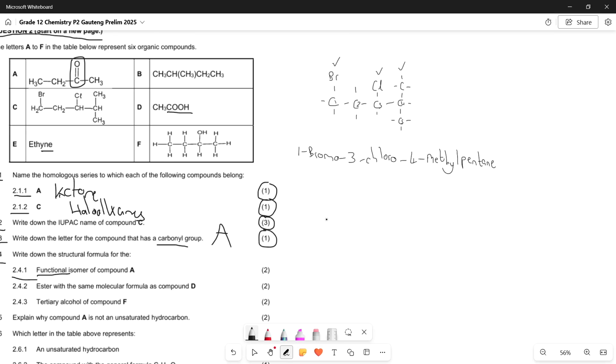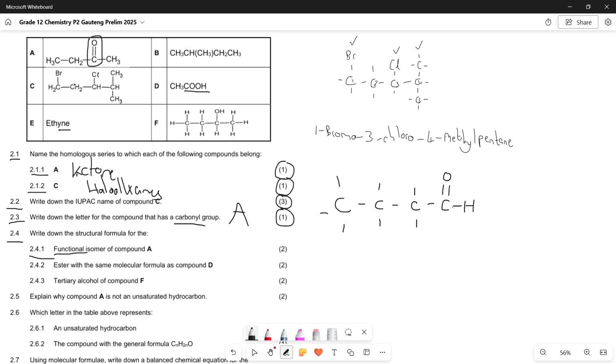So that means we have C with 3 H's around it, a C with 2 H's around it, a C again with 2 H's around it, and then we have our C with our double bond O on the end, and then we have 1, 2, 3, and we need a 4th line, so therefore we put the H over here. And it doesn't matter whether we put it on this side or on this side, as long as it's on the end, that's where we'll start counting, so therefore it's always on the 1, because it'll be 1, 2, 3, 4, or if it was on this side, it would be 1, 2, 3, 4. And that is the functional isomer of the ketone.